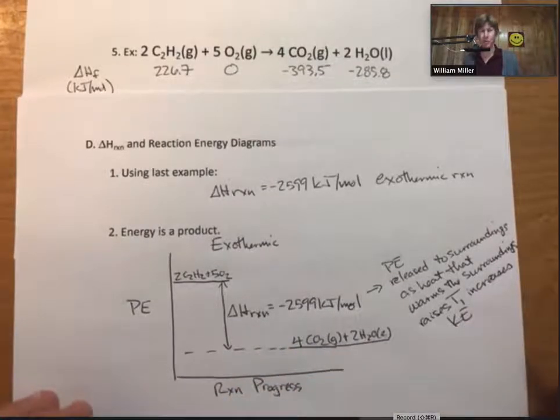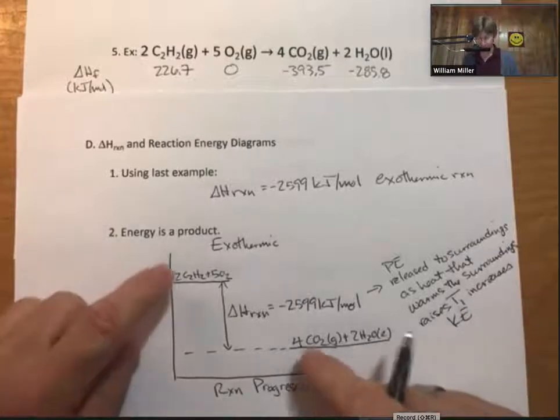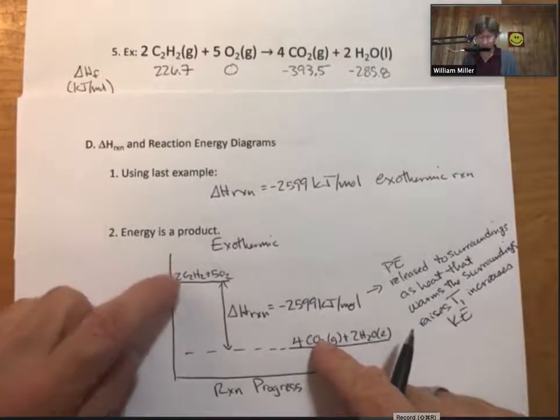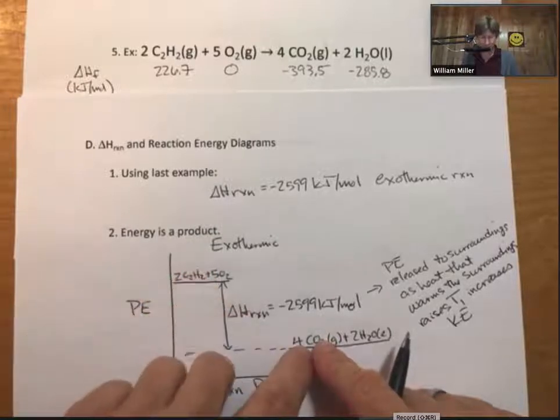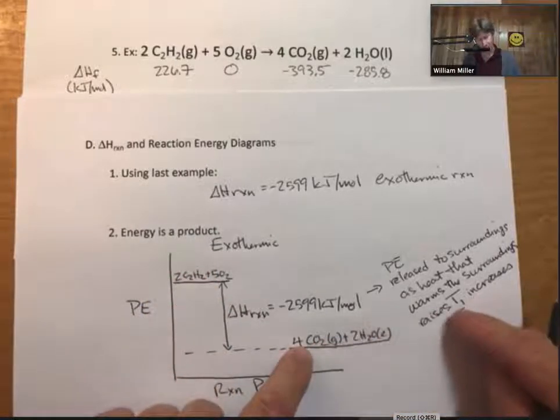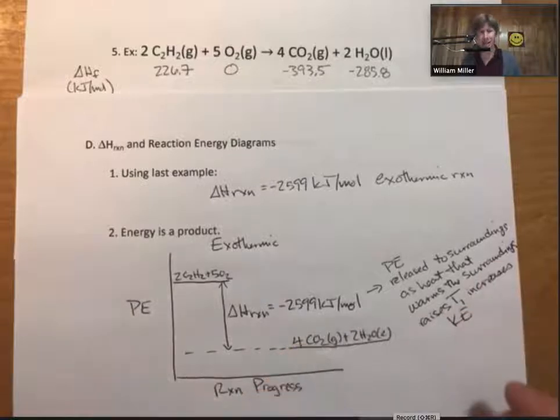And so what we have here is a very nice example of potential energy stored in bonds, released as we go from reactants to products to raise temperature and increase the kinetic energy of the surroundings. That's how reactions work, to release energy and create heat for so many processes.